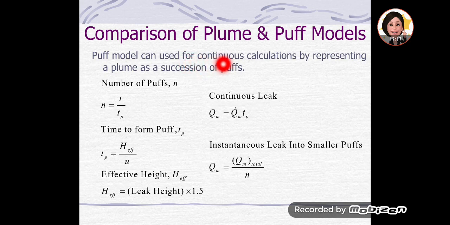Then we can represent it as a plume. We can calculate the number of different puffs, the time to form puffs, effective height, and continuous leak and instantaneous leak into smaller puffs. These are some of the information that we can extract from the puff models.